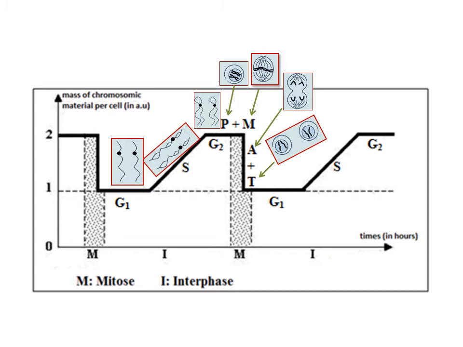The difference between G2 and prophase is that the chromosome is condensed. Then at the end of mitosis, at telophase, we obtain two daughter cells that contain chromosomes identical to the initial cell at G1.